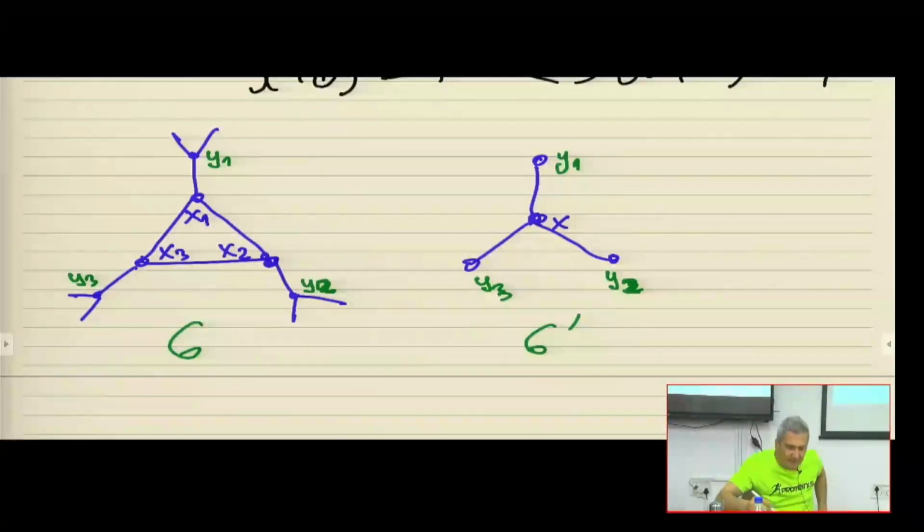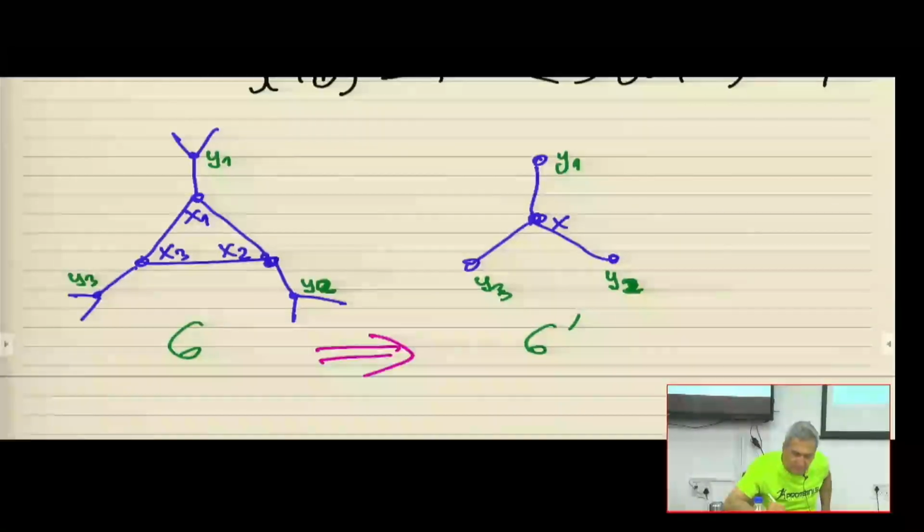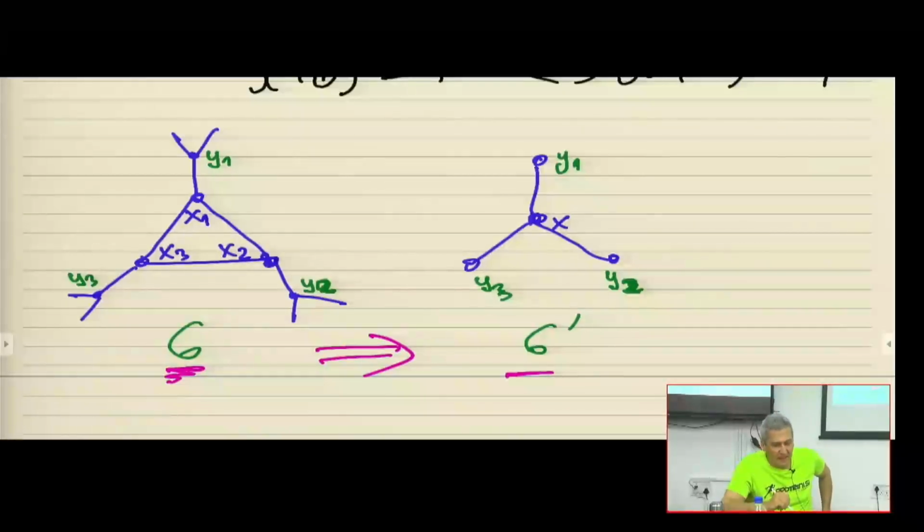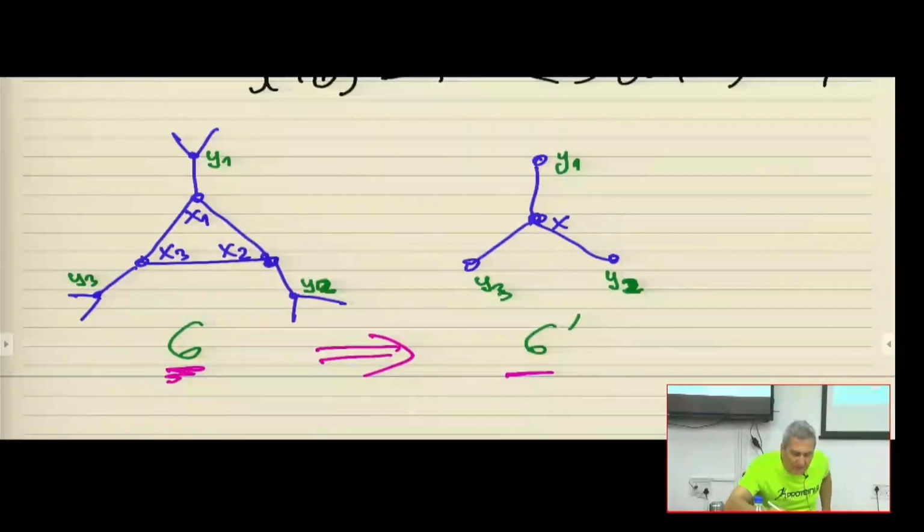Now we go into this direction. We have a coloring here, and we want to color here. So how does this coloring look here?